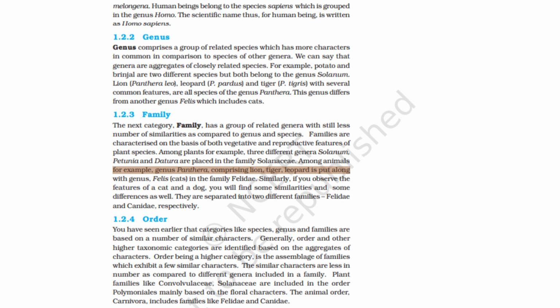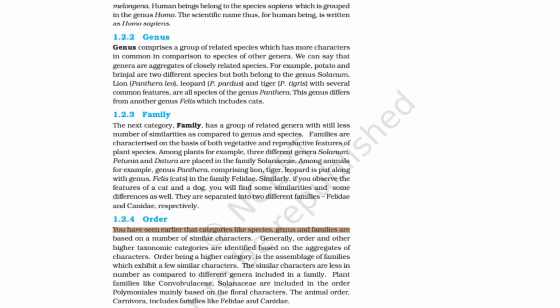Among animals, for example, genus Panthera, comprising lion, tiger, leopard, is put along with genus Felis, cats, in the family Felidae. Similarly, if you observe the features of a cat and a dog, you will find some similarities and some differences as well. They are separated into two different families, Felidae and Canidae, respectively.